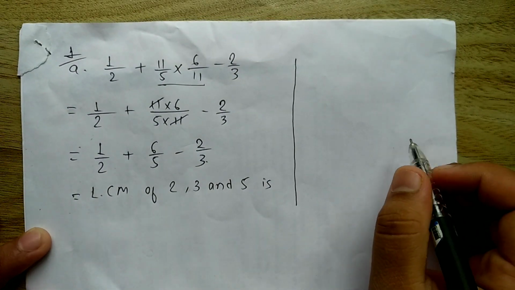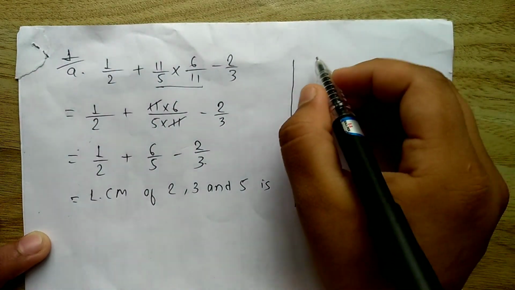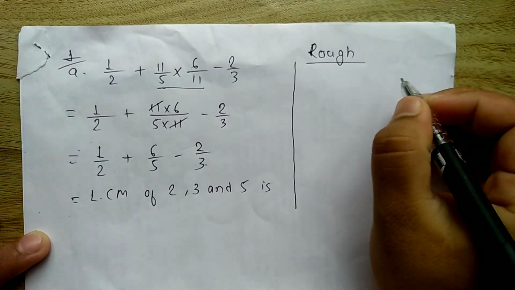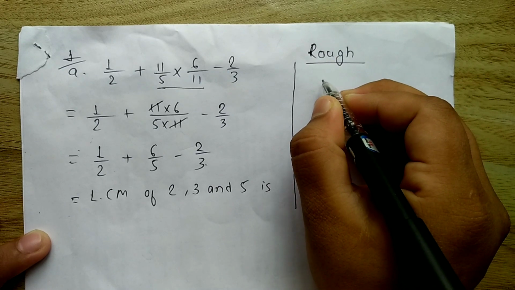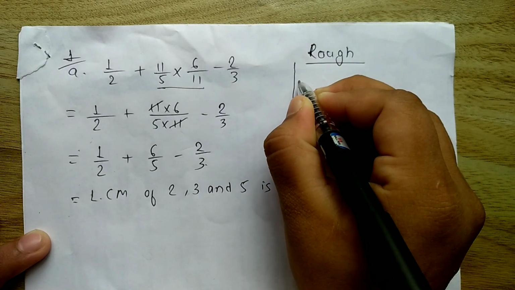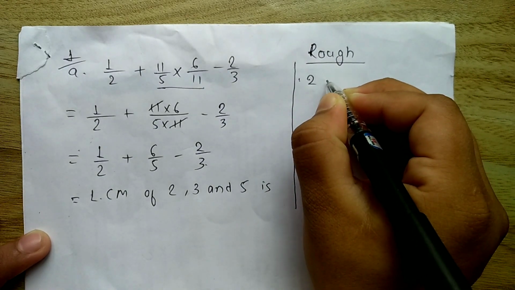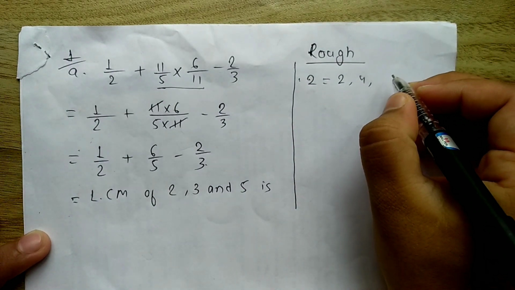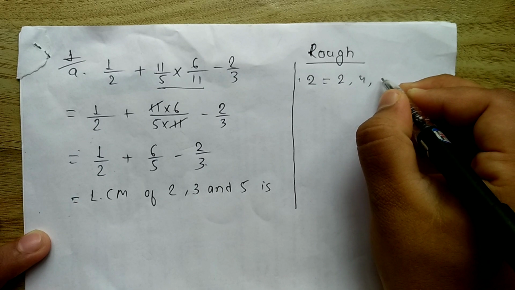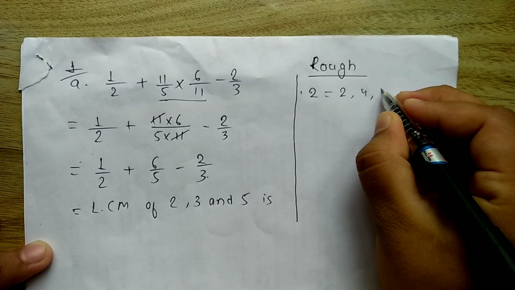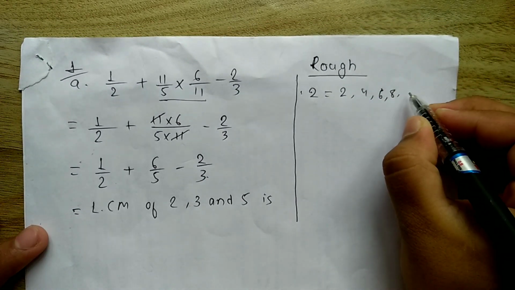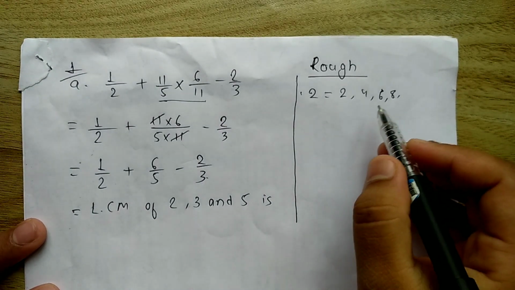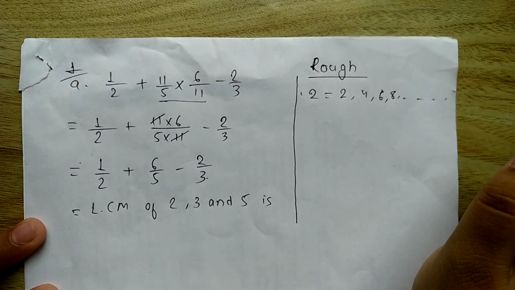Since we have studied that in a table, let me write here in rough. We know that the lowest common multiple can be found by different processes. The first process: the multiples of 2 are 2, 4, 6, 8. Like this the multiples can be written.